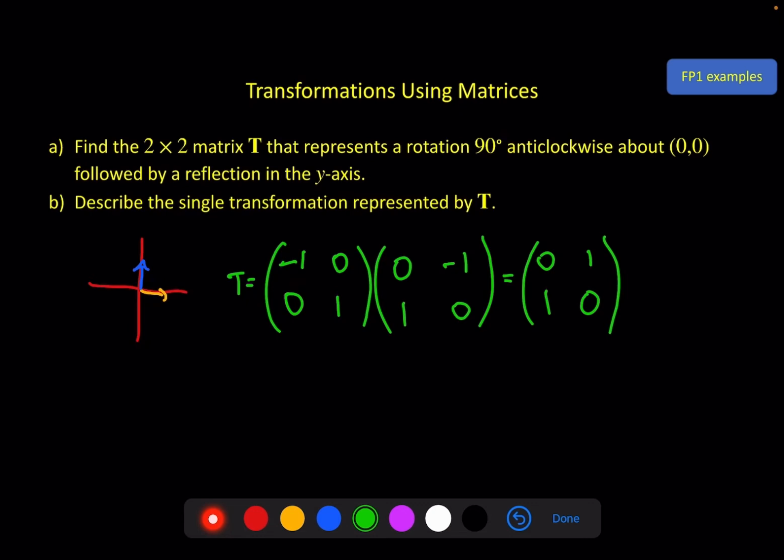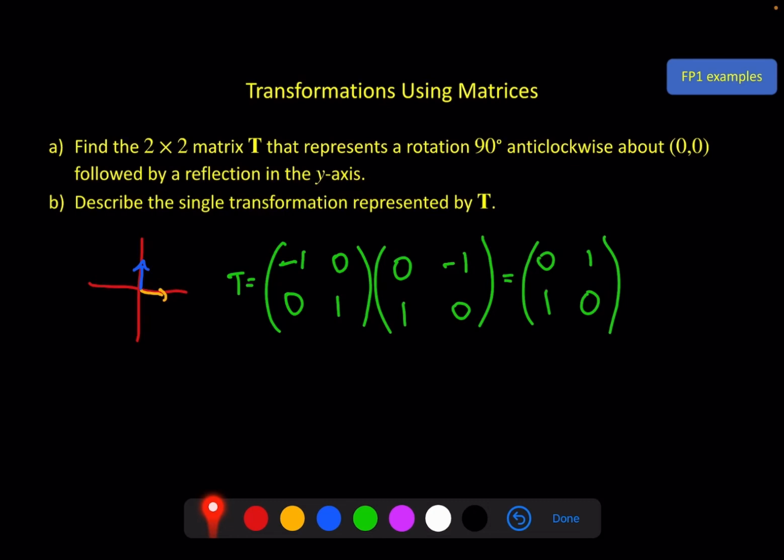Part B, describe the single transformation represented by T. Okay, well we're going to do basically the same thing. Let's have a look at what happens to the yellow one. The yellow one changes to 0, 1, which is where the blue one is now. And the blue one changes to 1, 0, which is where the yellow one is now. So they swap places.